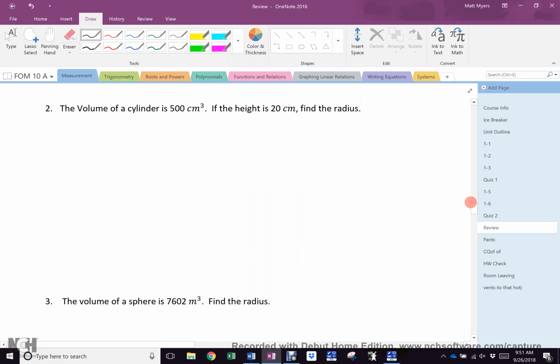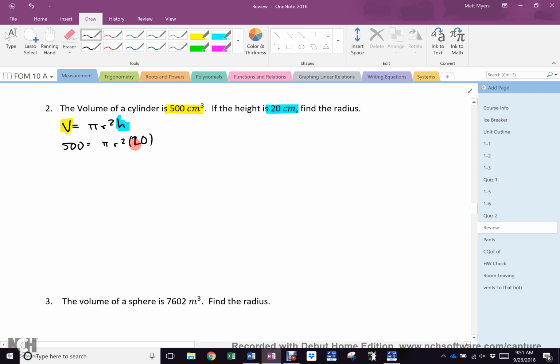Let's do the same thing here. Volume of a cylinder is 500, height is 20. Well, I know that volume equals pi r squared h. And I have a volume, and I have a height, an h. So I put them in. 500 equals pi r squared times h, which is 20.